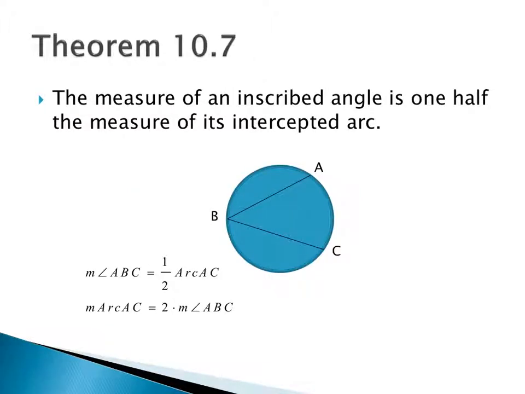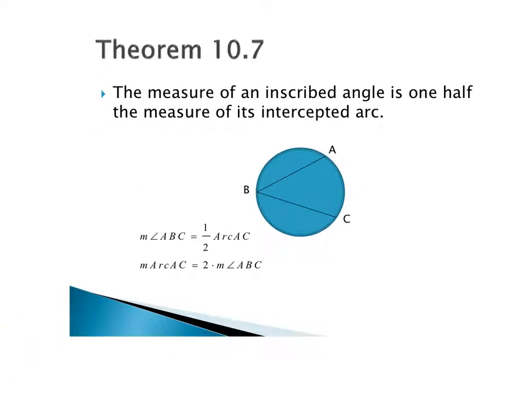Next slide. Theorem 10.7. We're still talking about this inscribed angle, but now we're going to talk about the measure of it. So the measure of an inscribed angle is 1/2 the measure of its intercepted arc. Before, when we had the central angle, its measure and its arc were congruent. Here, we're going to divide by 2 or multiply by 2, depending on what we're looking for.